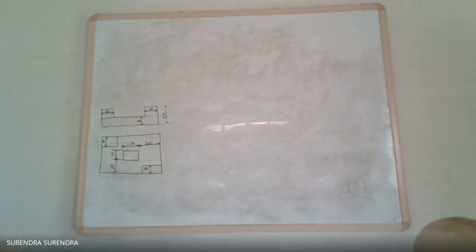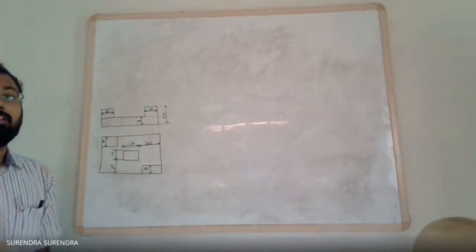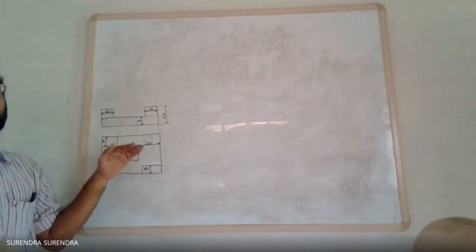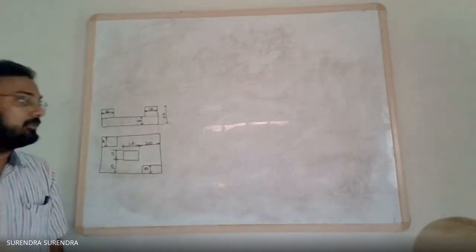These are the dimensions given in the problem. Now let us start the isometric view for the given front view and top view.